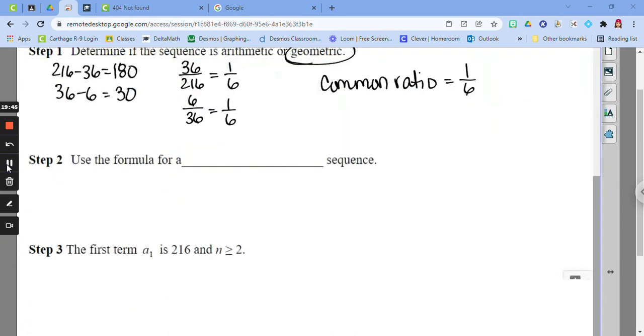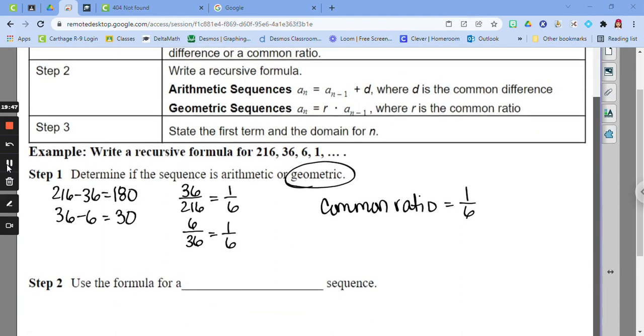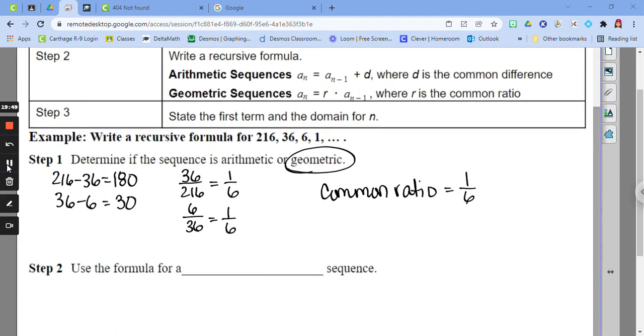So, we're going to use the formula. So all we're doing is writing the formulas.